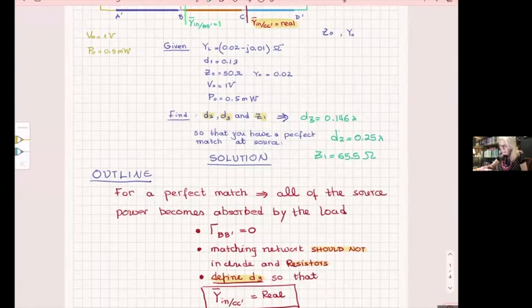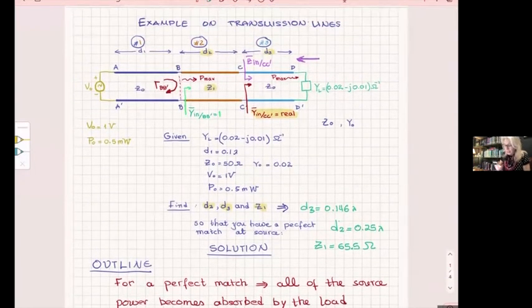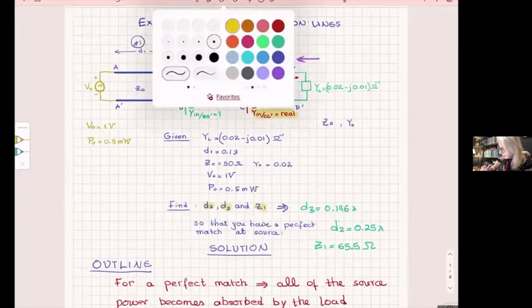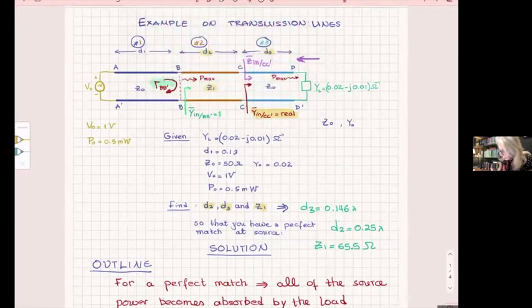And now with this, I have a zero reflection here. So my reflection coefficient at that point becomes 0. And that means that I have a perfect match at BB prime.